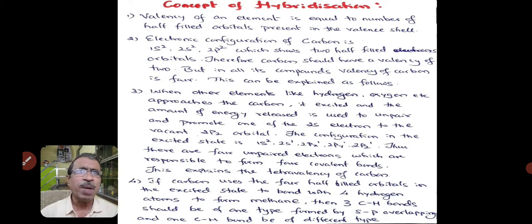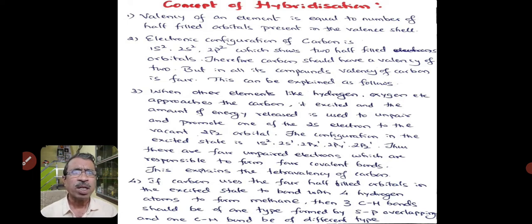Valency of an element is equal to the number of half-filled orbitals present in the valence shell. The electronic configuration of carbon is 1s2, 2s2, 2p2, which shows two half-filled orbitals.